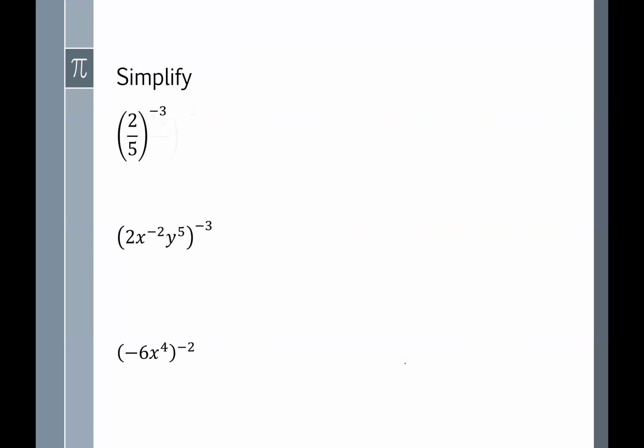Last problem. What would you do here? Now I know what I would do. What would you do? Oh, no. Distribute. I'm not going to do that first. Why? I'm going to flip it over. So if that negative next to the 5 means reciprocal, I'm going to flip this over.